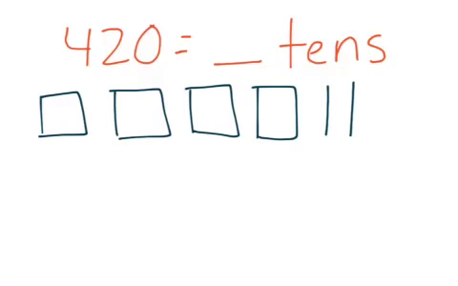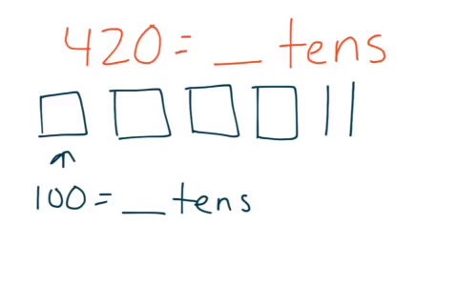Now, because one of these squares represents 100, we have to ask ourselves, okay, we have 100. How many tens are there in 100? We can count by 10 to figure that out. 10, 20, 30, 40, 50, 60, 70, 80, 90, 100. There are 10 tens in 100.